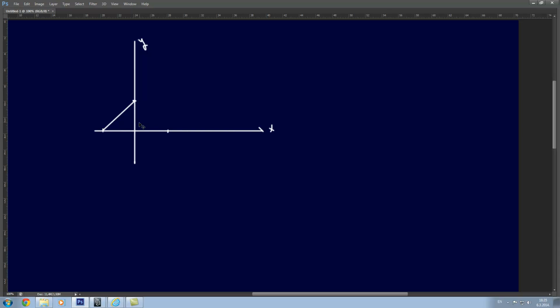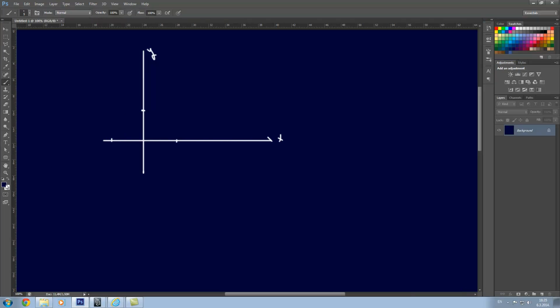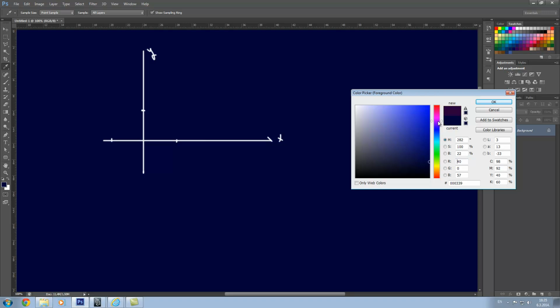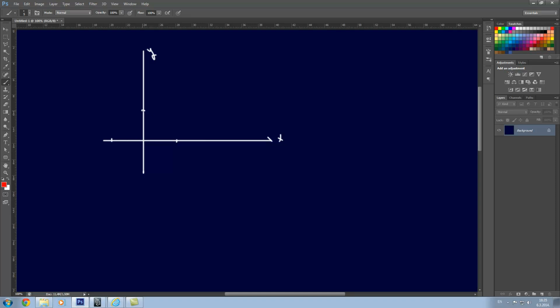Let me try to get a different color for you, maybe some sort of red, so it can be visible. So let's say we're going to describe a triangle right here, like this. Okay, and let's say this is point 1, 0. Oh, sorry, X comes first. 0, 1, 1, 0, and this is -1 and 0.